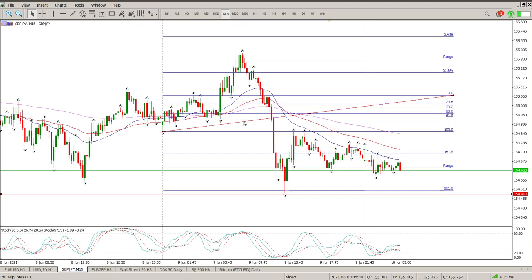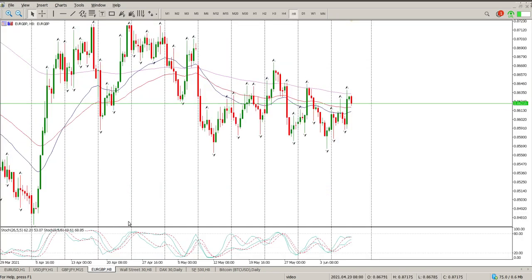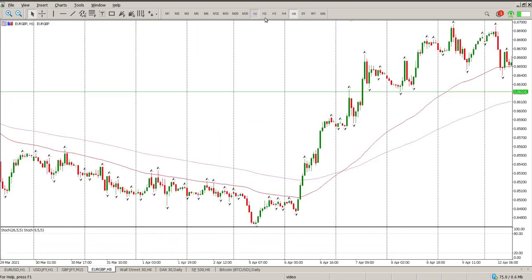I didn't really worry about the pullback, because once that range trade is done, I tend to sit on the sidelines after that. Euro British pound also had a bit of success, but actually bolted back to the upside quite violently as well. For all intents and purposes, the trend is down. It's just big volatile moves to the downside, so we're drifting lower. Look at my oscillators here, indicating another move to the downside.